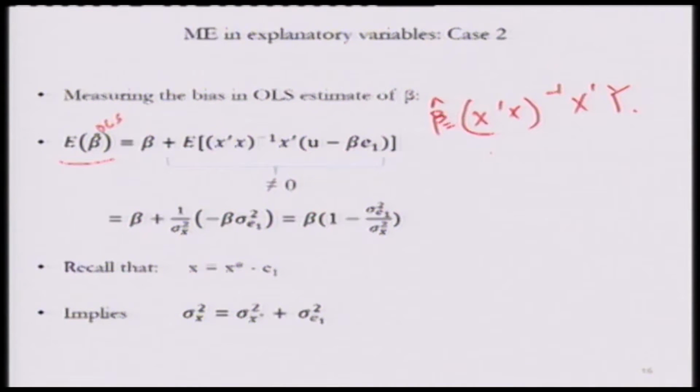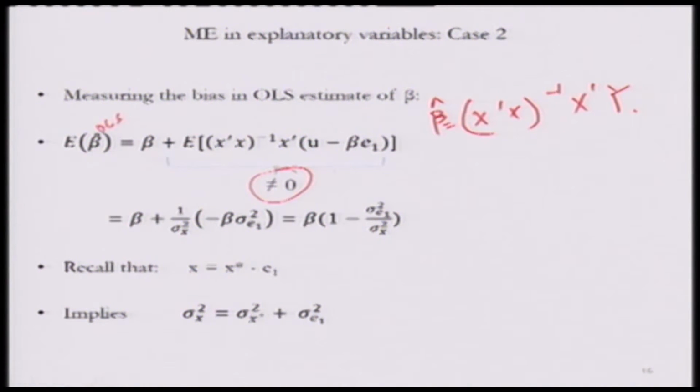All we need to do is expand this term, which is not equal to 0, because, remember what we just saw in the previous slide, x and the new error term are correlated, and hence the expected value of beta hat does not converge to the true value of beta.